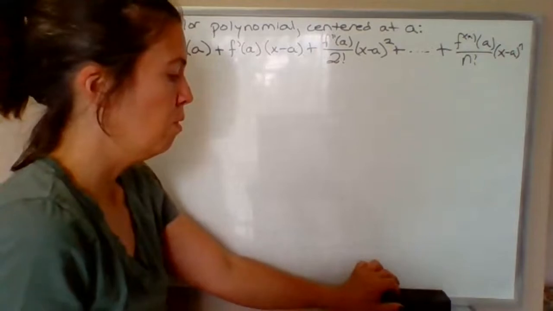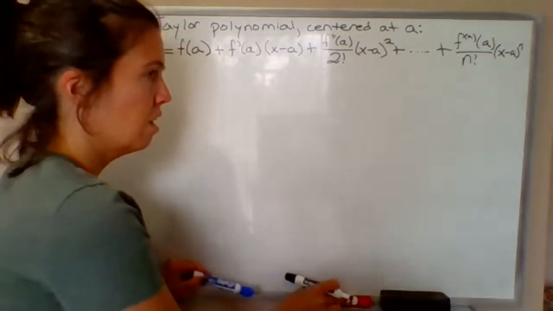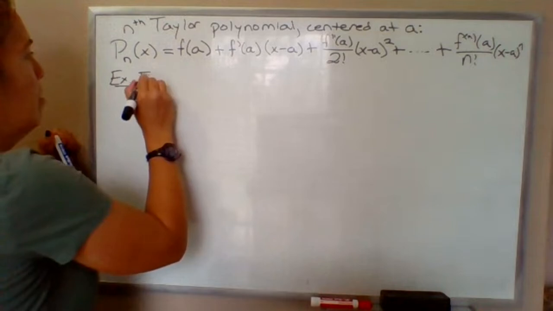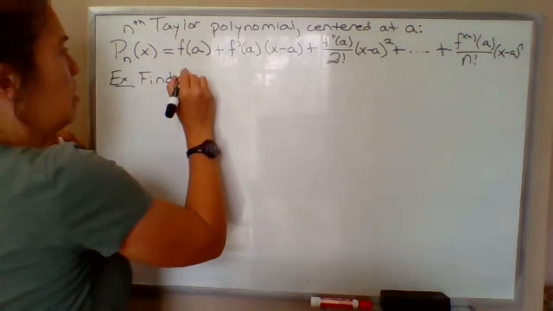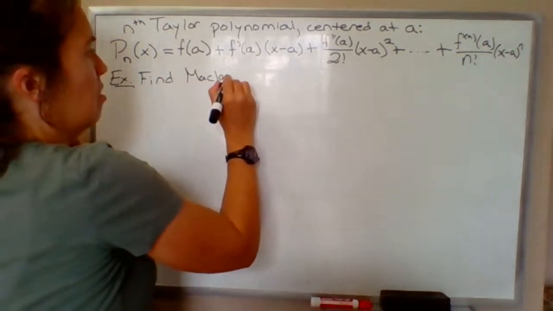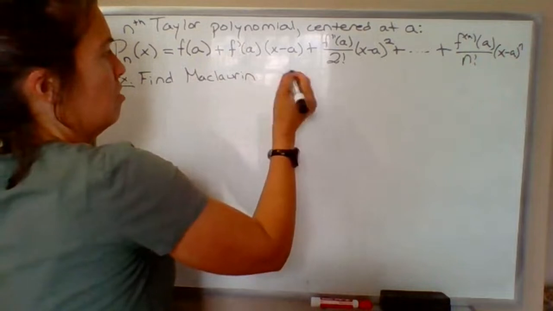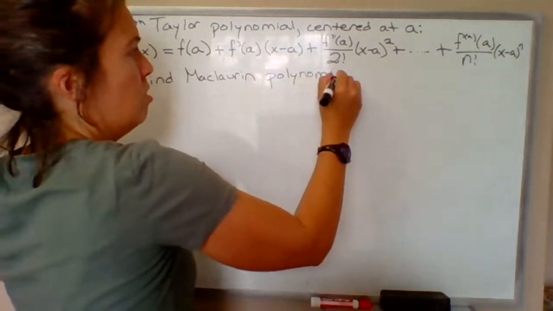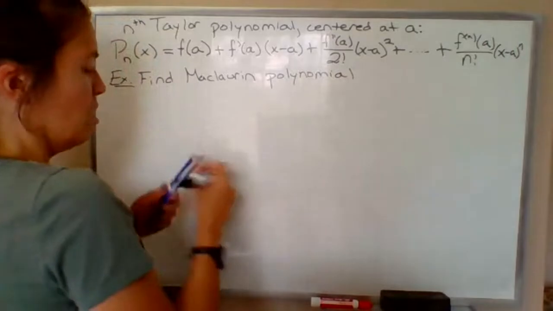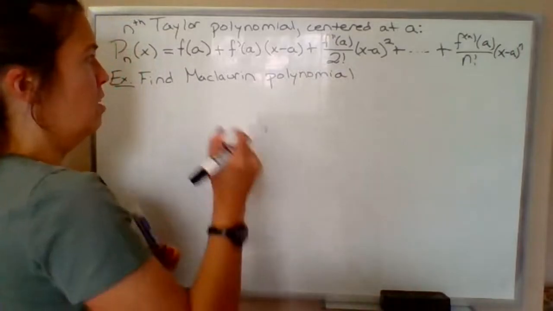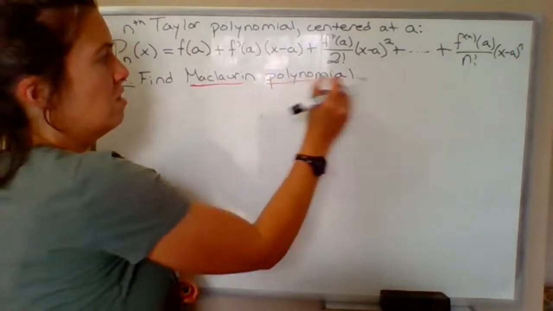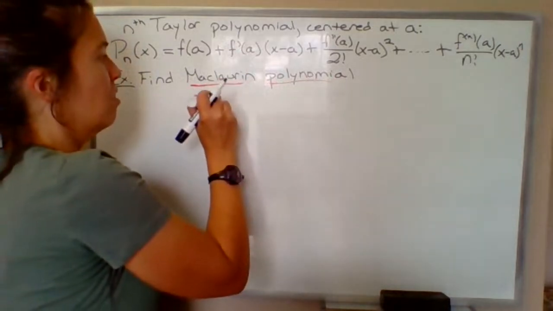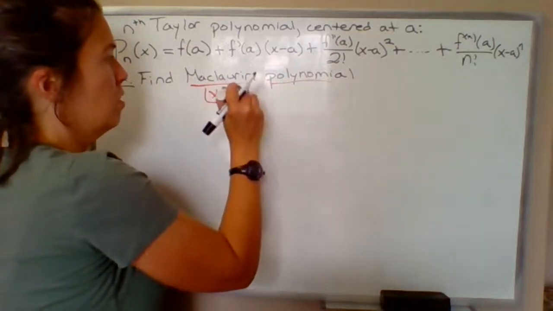So in this example, I want to find the Maclaurin polynomial. So the Maclaurin polynomial of order 0 through 6. Think of a Maclaurin polynomial as a specific case of the Taylor polynomial, but where the center is 0.